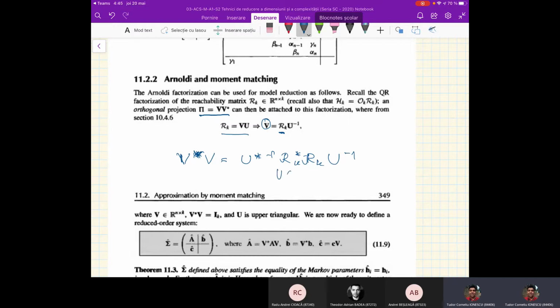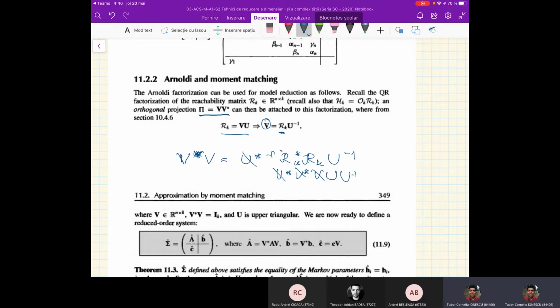So this is U star V star VU. So this is identity. Sorry, what am I doing here? This is U inverse, not U star here. This is U inverse, U minus 1.